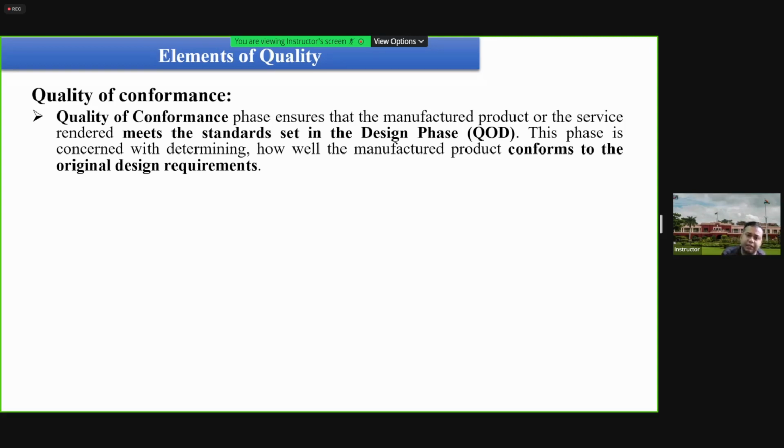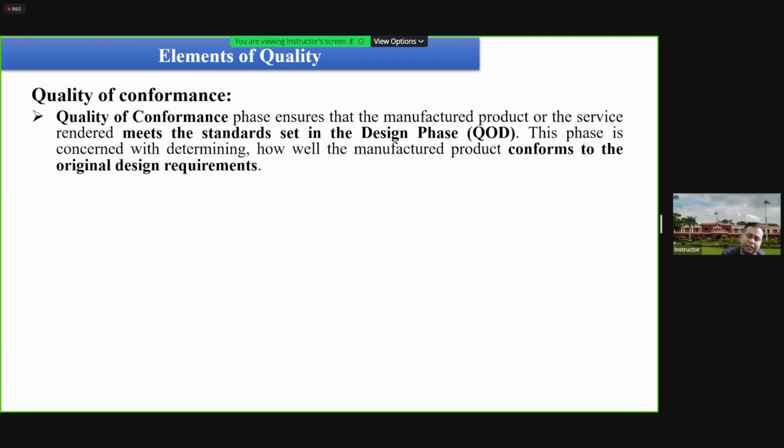Whatever requirements are set in the design phase, we must check whether we have the system to achieve those specifications or not. If we are capable, then it is fine. If not, there might be chances that we are not even capable of producing the product as per the specifications set in the design phase. Then we might have to go back and modify our quality of design phase. So this is the first thing that we do in the quality of conformance phase.